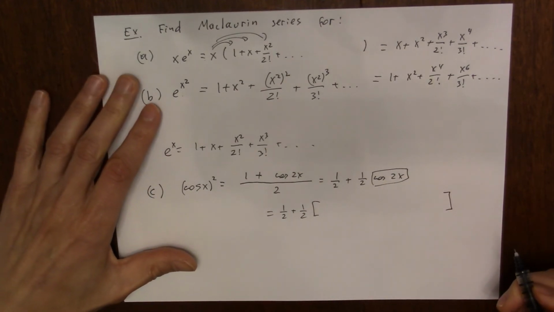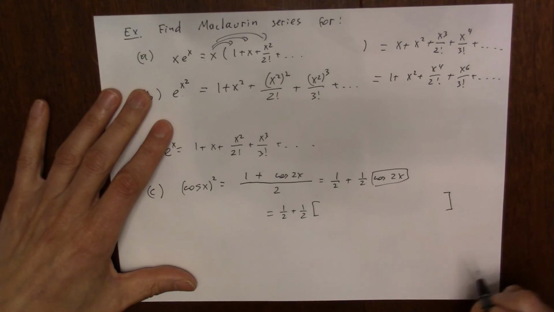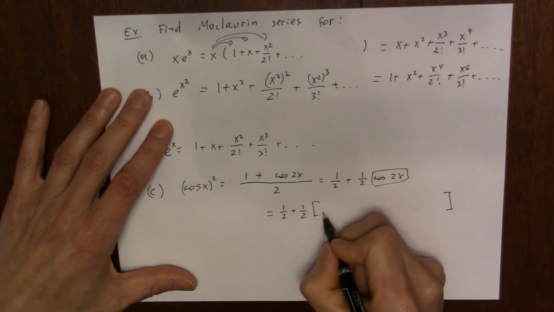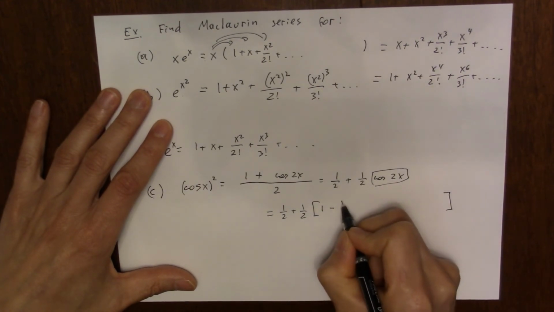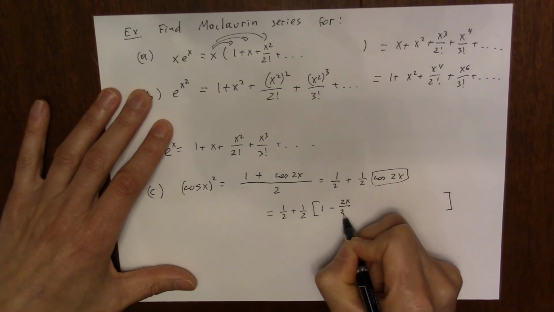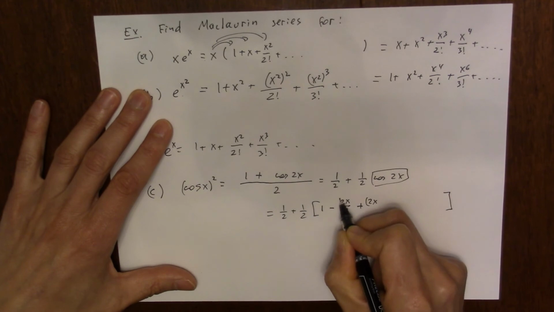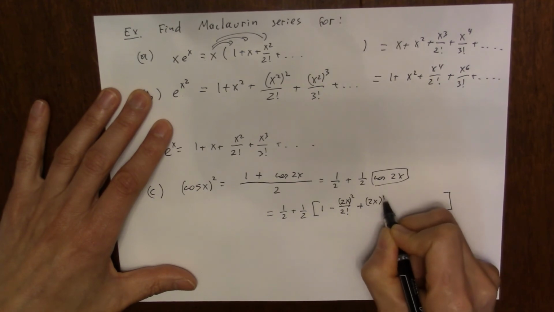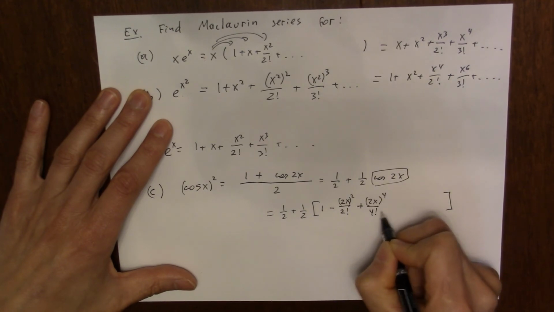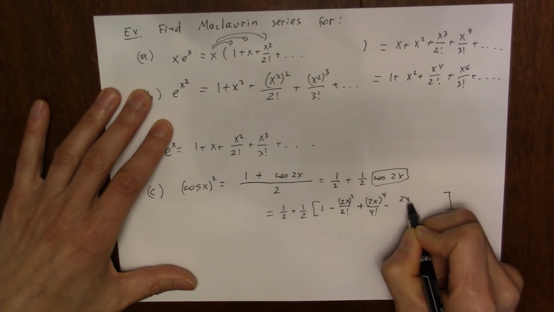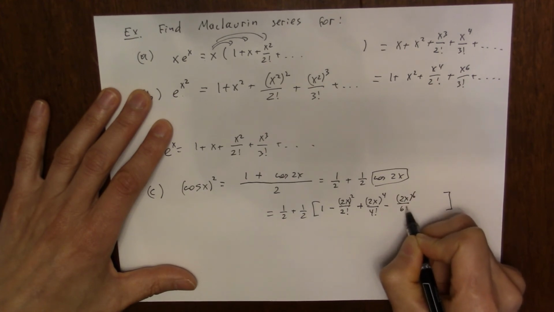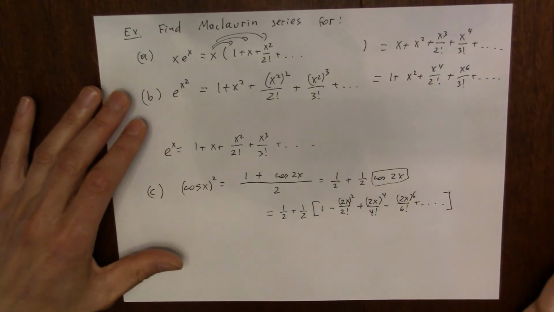And the Maclaurin series for cosine of 2x we are familiar with, so it's going to be 1 minus 2x squared over 2 factorial plus 2x to 4 over 4 factorial minus 2x to 6 over 6 factorial plus and so on.